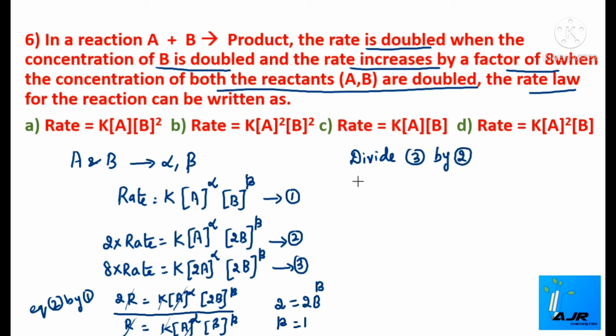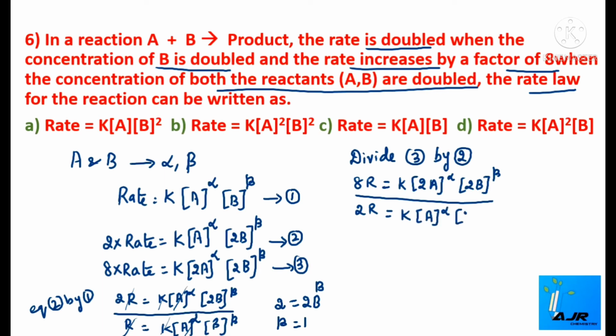What is equation number 3? 8R is equal to K into 2A alpha into 2B beta, divided by equation number 2. 2R is equal to K into A alpha into 2B beta. Understood?